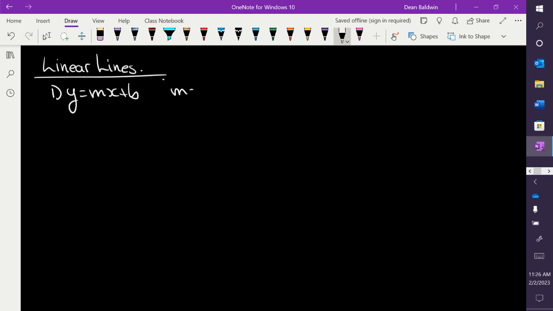What does m represent? Which is? Anybody remember the formula?